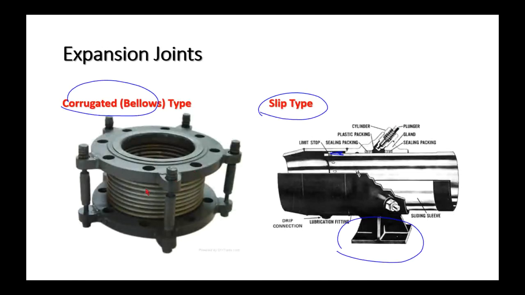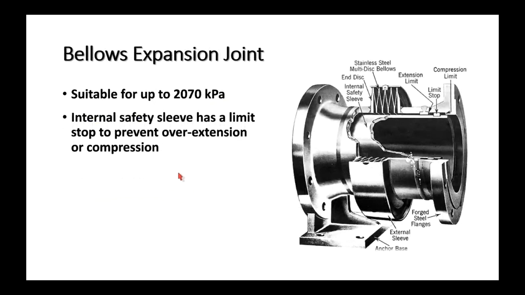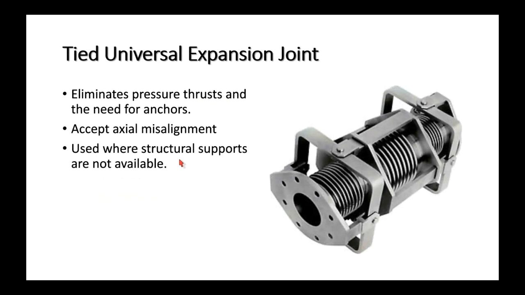Now, unlike the bellows type, really doesn't require any maintenance other than occasional inspection. This one here, as part of the inspection, we'd also be greasing it and perhaps taking it out of service and replacing packing. I'm going to skip that.